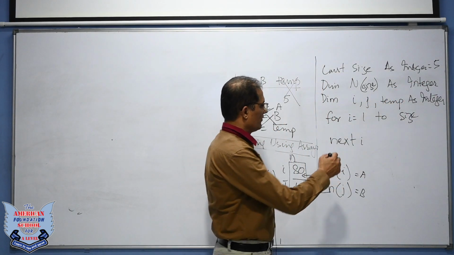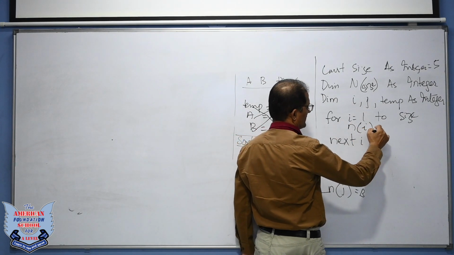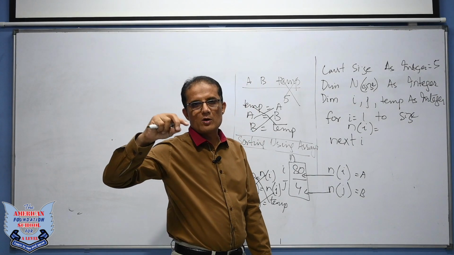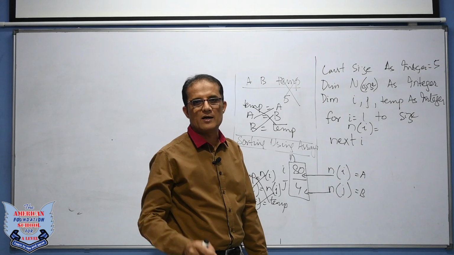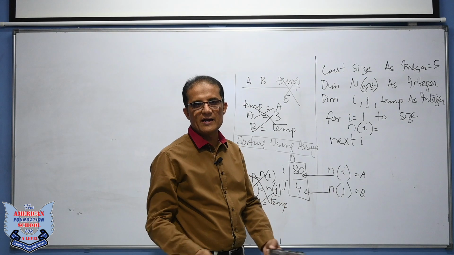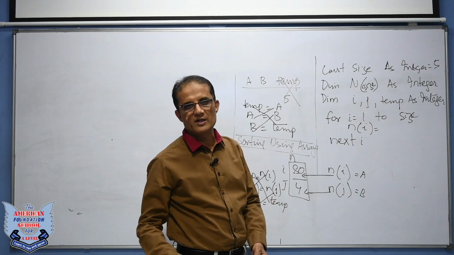So we'll have to fill 5 values in an array. That array name is n, so I'll write n of I is equivalent to what? Remember that the ordinary method you used was console.readLine to input data, but now I want to do this very quickly. The computer should generate 5 numbers in a random order and we'll sort them out.